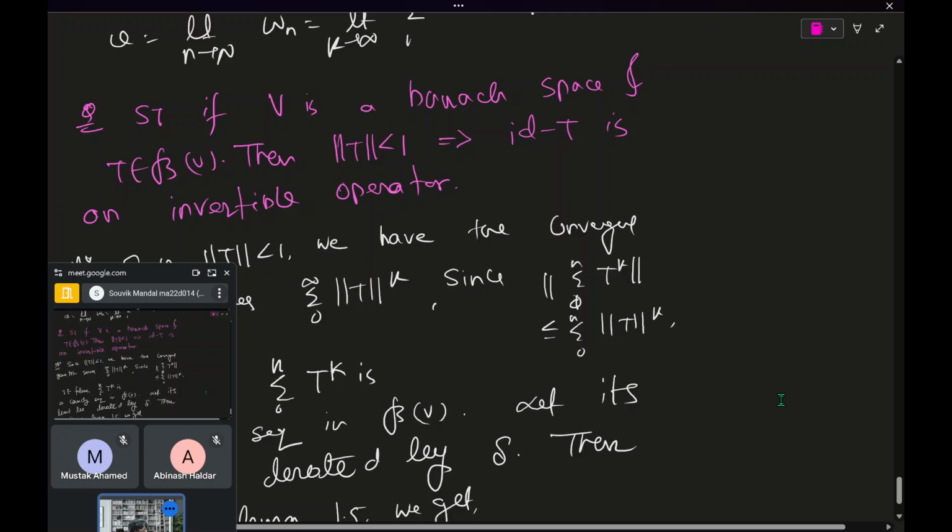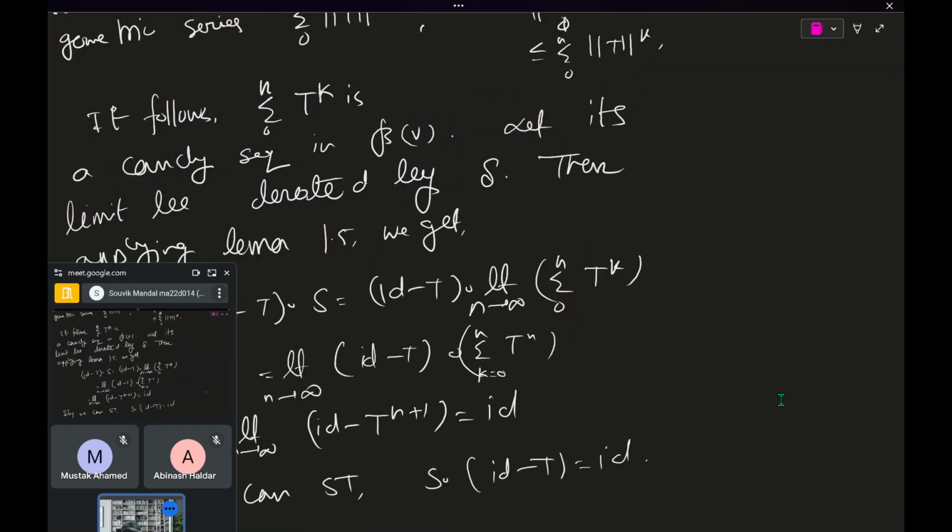This is the identity. Similarly, you can show that S composed with identity minus T is equal to identity. So this is the argument which tells that identity minus T is invertible. Okay.